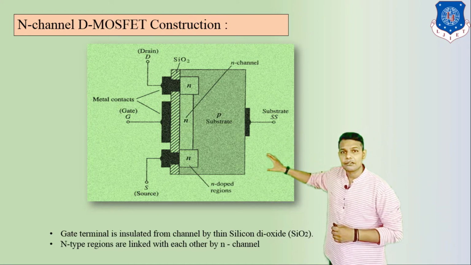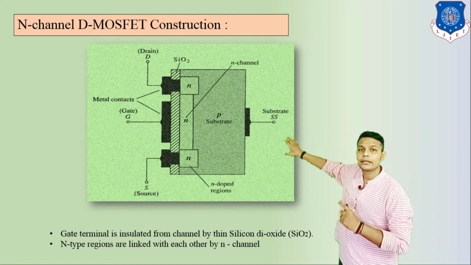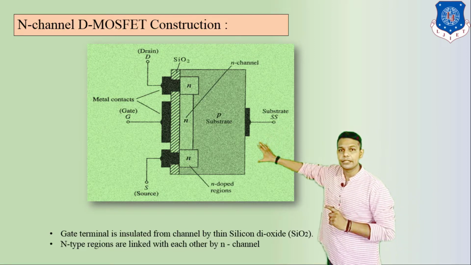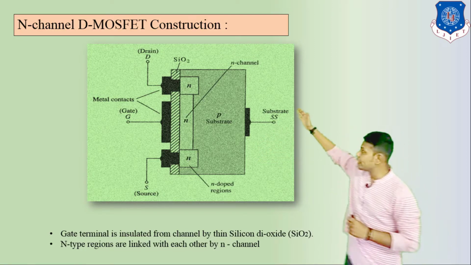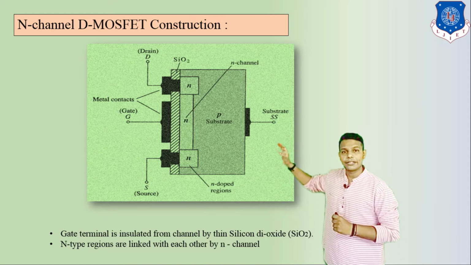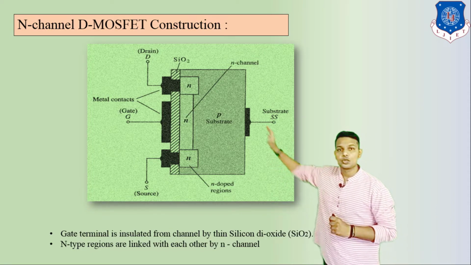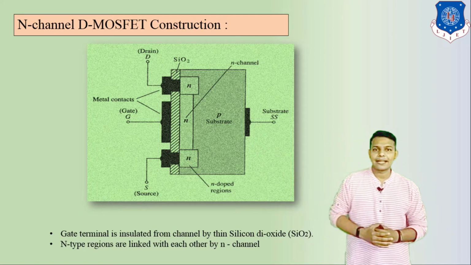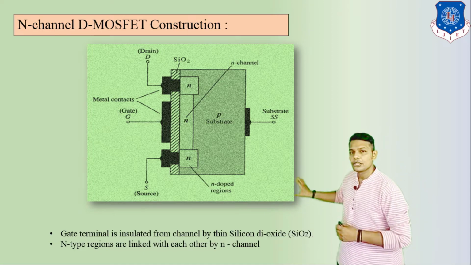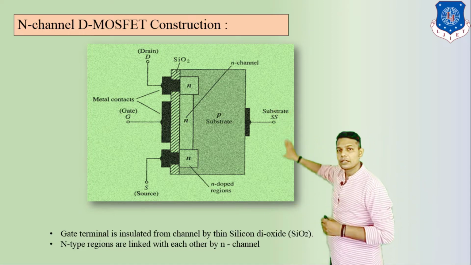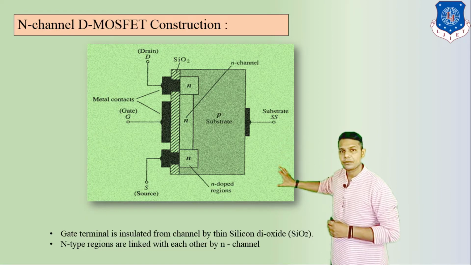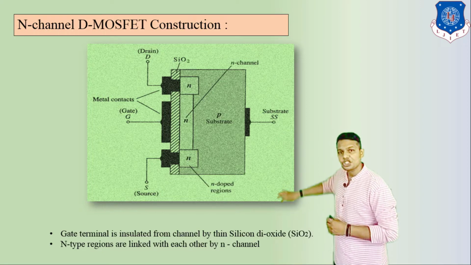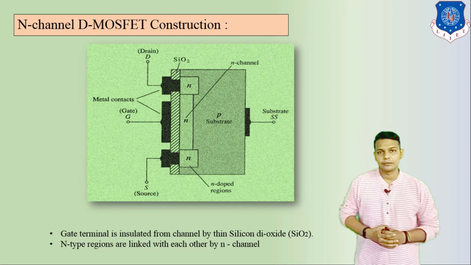In the metallic contacts, we can see that the gate is the only terminal which is not directly in contact with the region, whereas the drain and source terminals are connected to the N region. This is the N-channel D-MOSFET, so the source and drain are connected to the N type region, and between this N type drain and source there is a channel, which is the N channel.